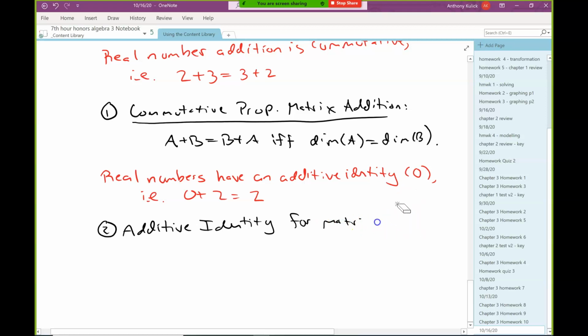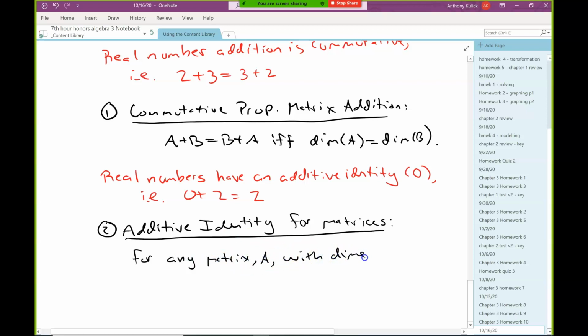Oh, I guess I don't need to say "for matrix addition" if I say additive identity, huh? Let's say for any matrix A with dimension, I'll write it that way.